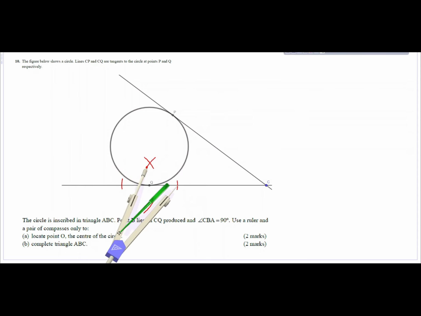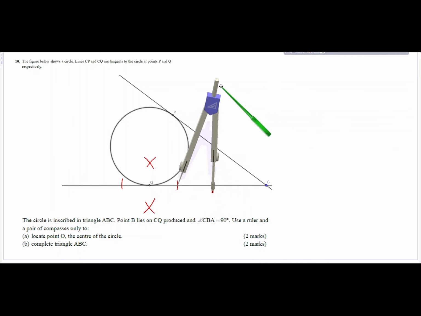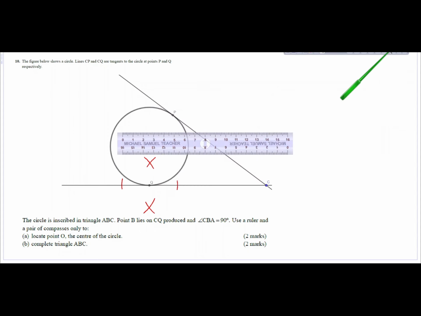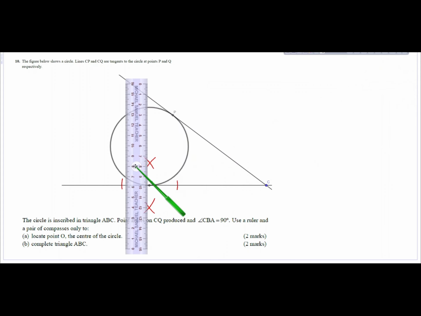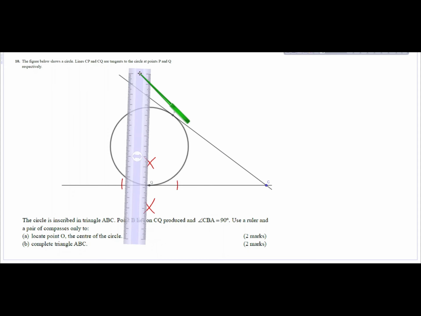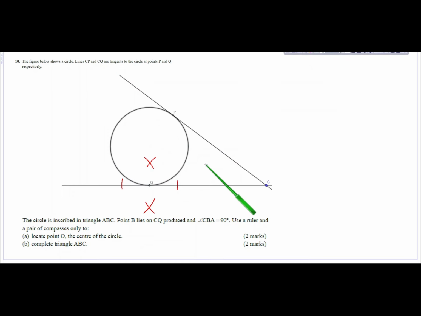Put an arc above, and the same below, and then take a ruler and draw that line.